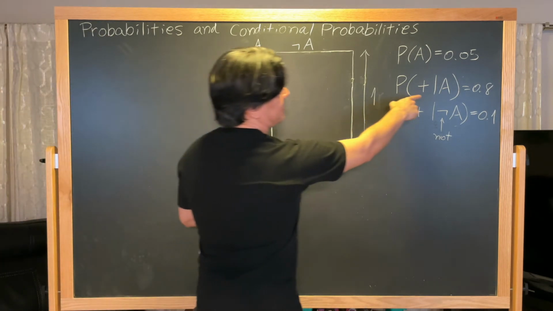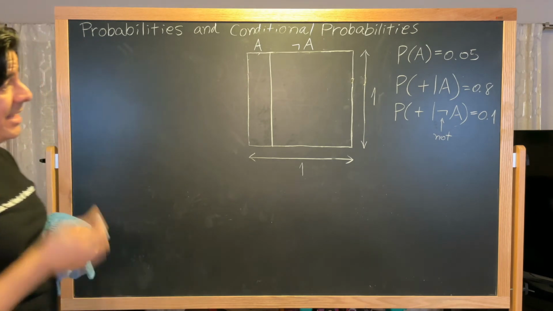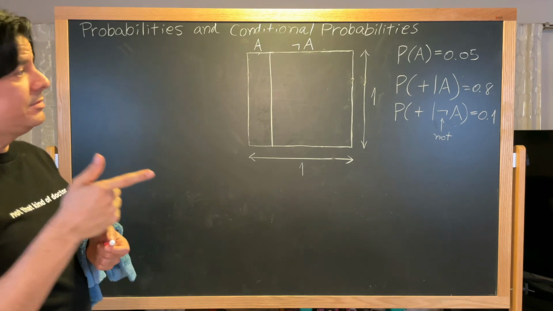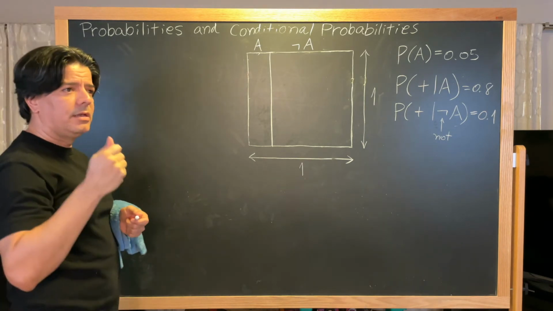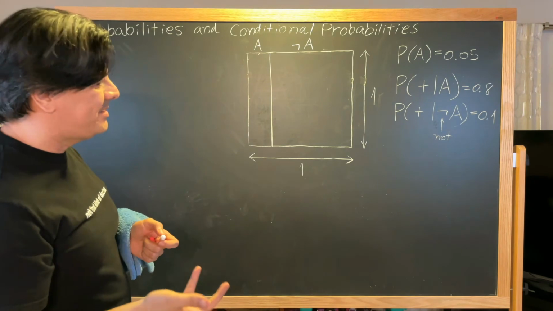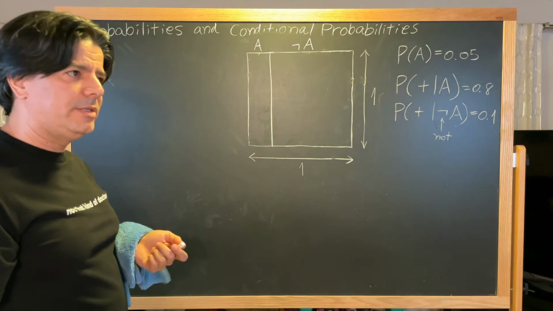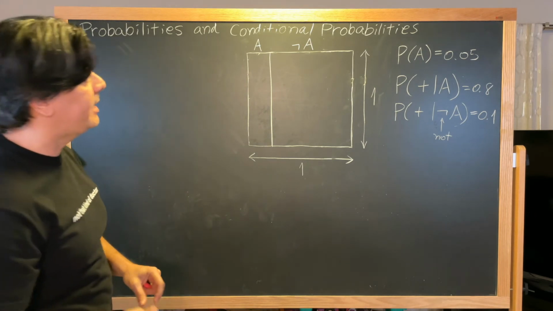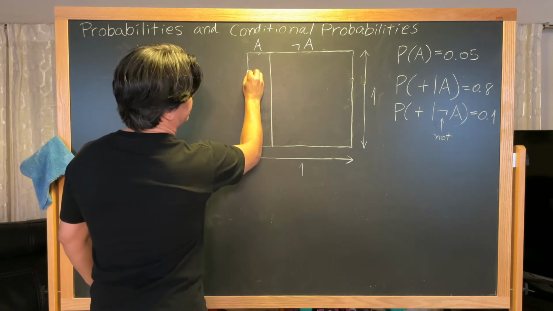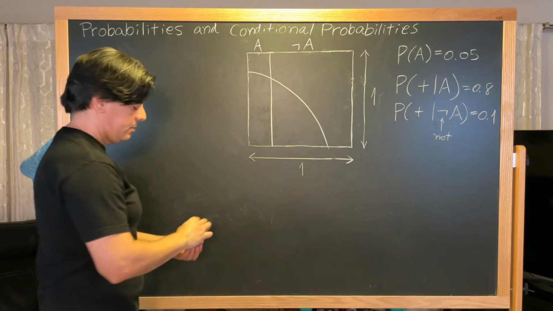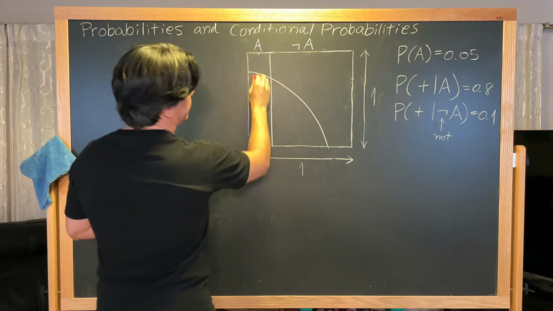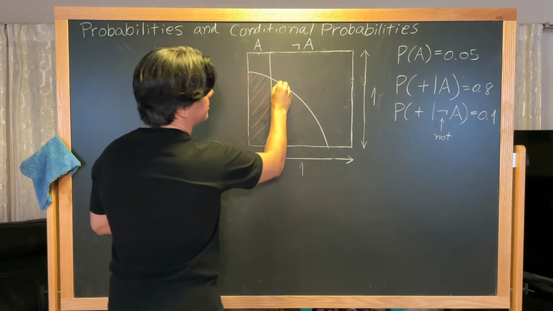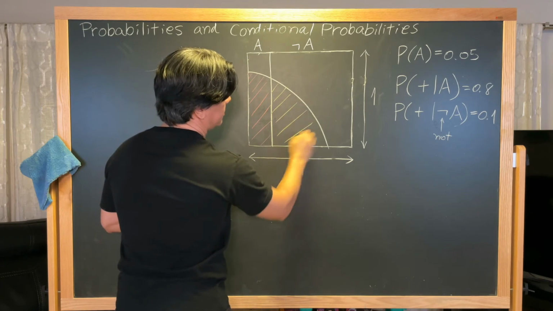Now, what this says here from the data that we have from the test is, given that you are allergic, the test is positive 80%. That is to say, when I give someone a test, the test also splits the people in the universe into two kinds. The ones who test positive and the ones who test negative. So it's like I did something like this, and I have a piece of this that falls over there, and a piece of this that falls over here.